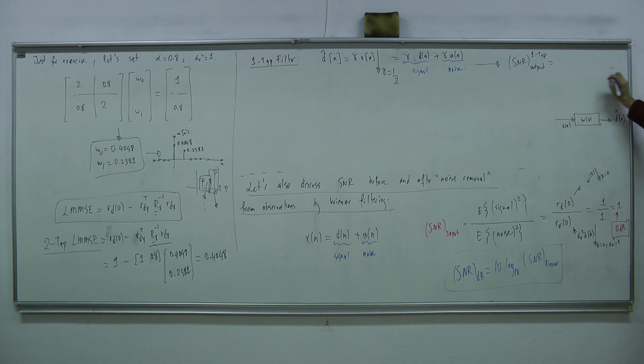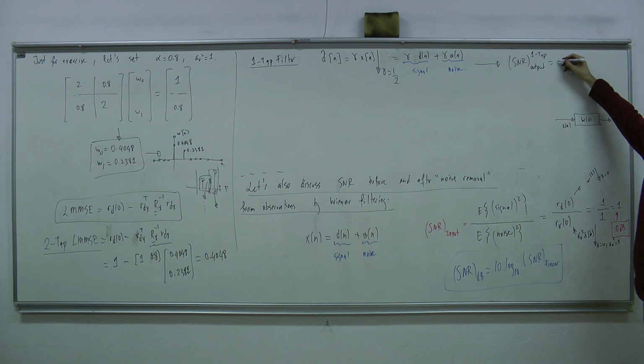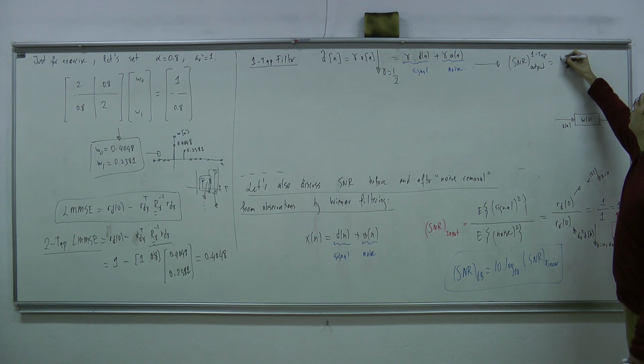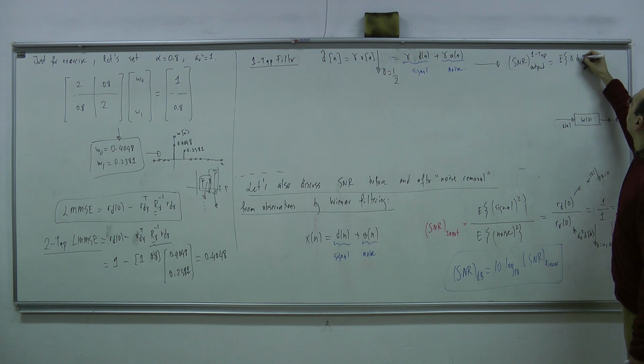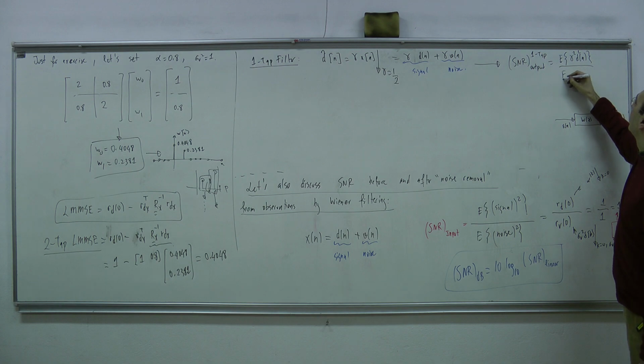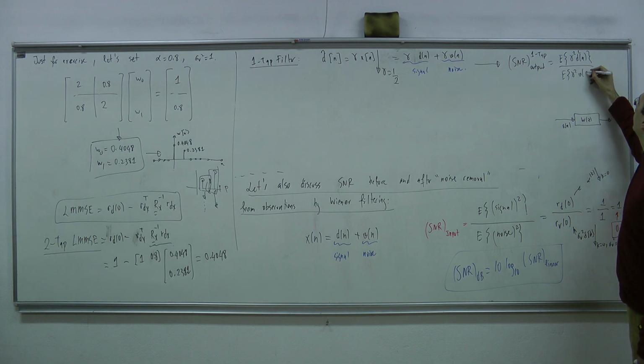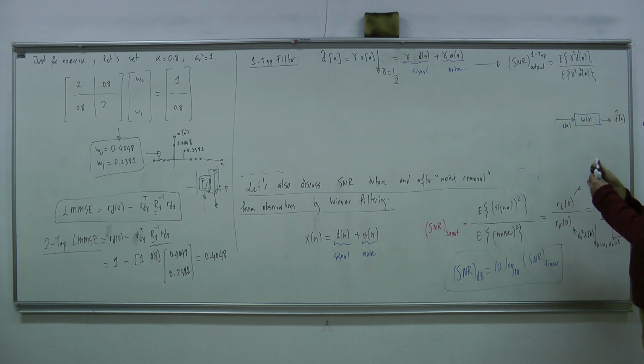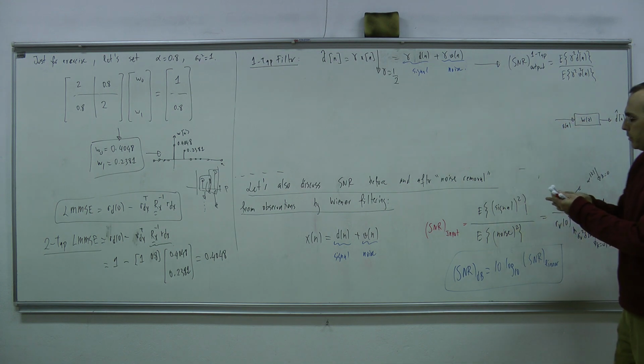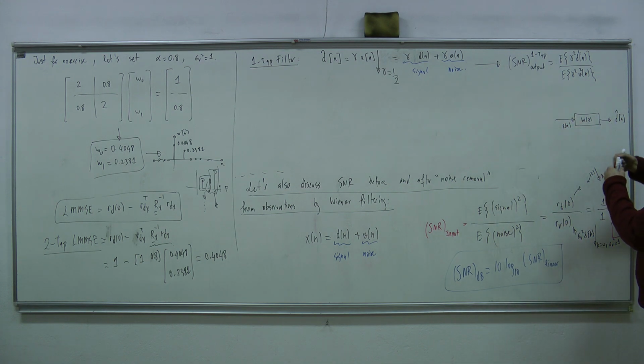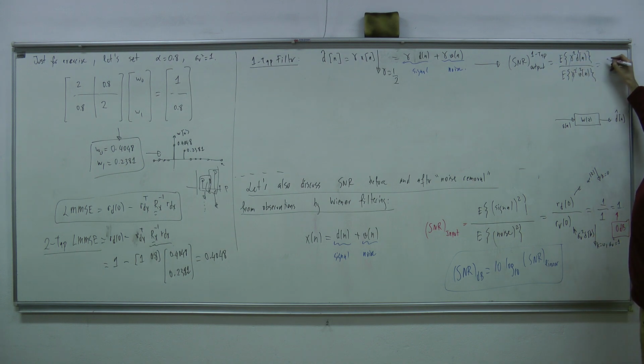So how about the SNR? We see that nothing changes, because this is the expected value of gamma squared d of n squared divided by the expected value of gamma squared v of n squared. The gamma squared cancels, so I get 1.